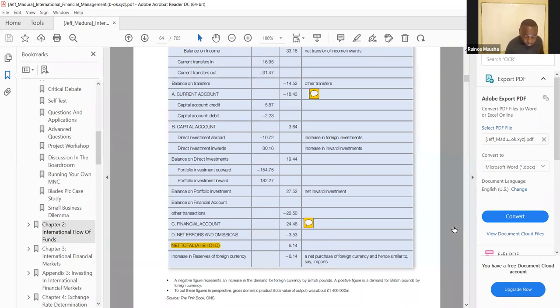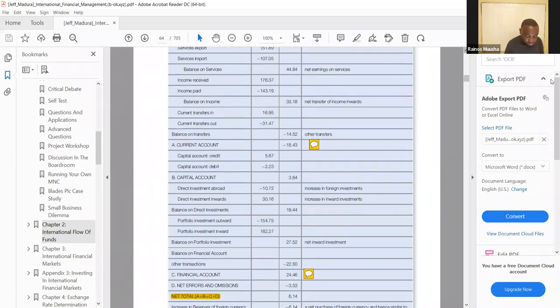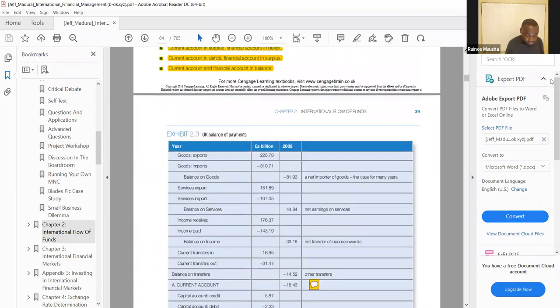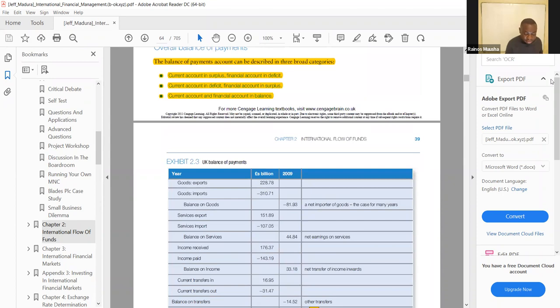So remember, if you look at the typical outcomes that you can expect when it comes to the balance of payments, they say it can either have a situation where the current account is in surplus and the financial account is in deficit, or the current account is in deficit and the financial account is in surplus, or the current account and financial account are in balance.